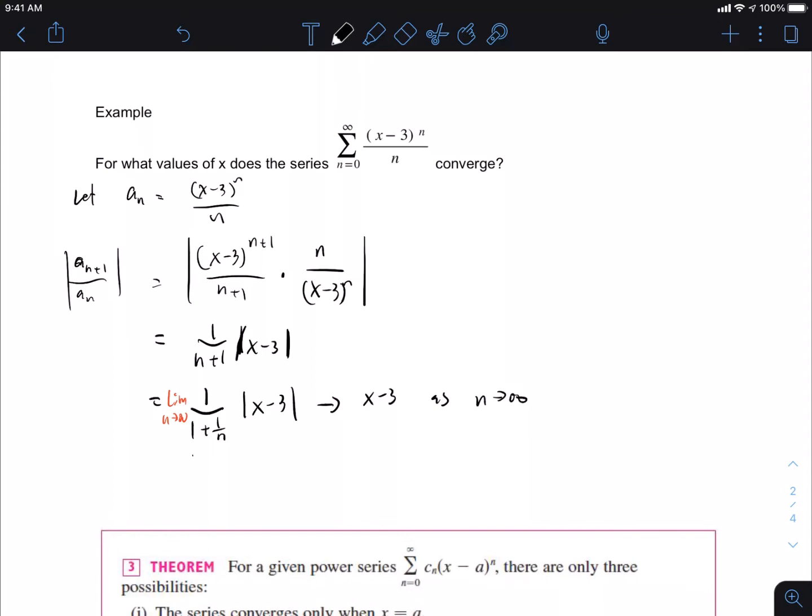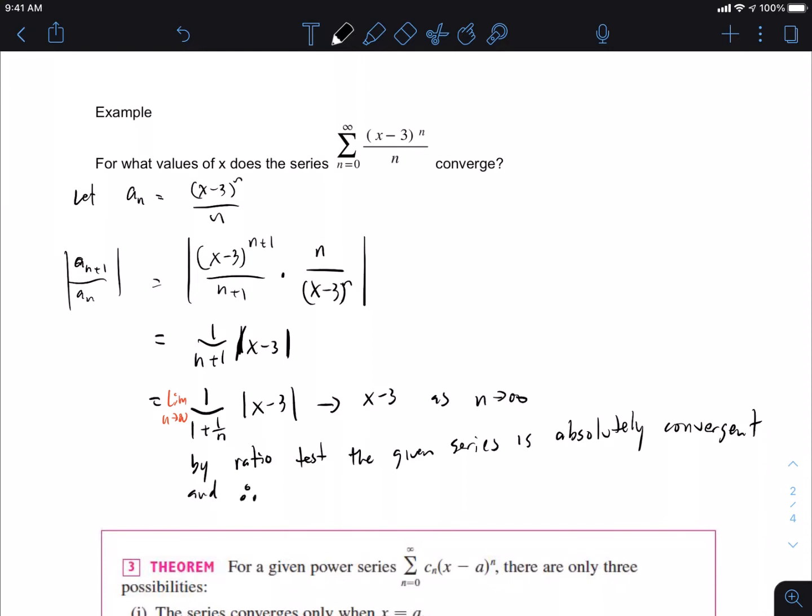And so now from here, we know that by the ratio test, the given series is absolutely convergent. And then we remember, if something is absolutely convergent, then the series is going to be convergent, right?